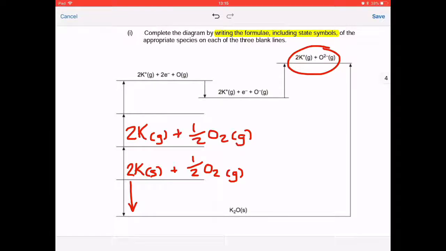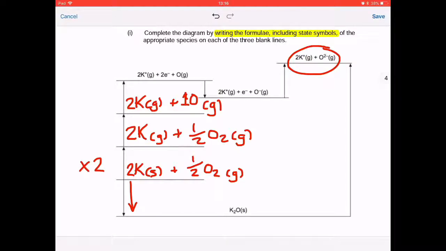Notice we haven't changed anything to the oxygen at all, it's only the potassium that's changed, because we're making 2 moles of potassium as a gas. When we come to the calculation later, you do need to multiply this line by 2. Once we've done that, the next logical step is to atomize the oxygen, so it becomes 2K as a gas plus 1 oxygen as a gas.